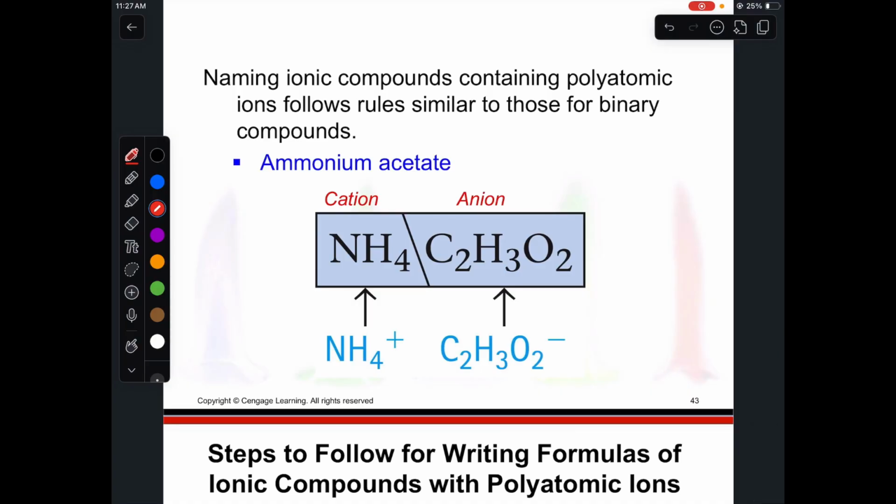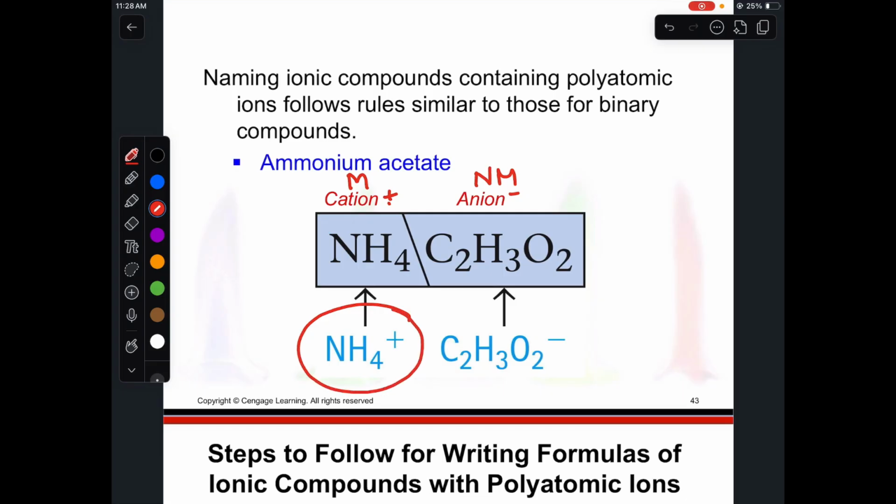So naming is a little bit more confusing for polyatomic because it's hard to delineate the difference between the cation and the anion. Previously it's been easy because it's a metal and a non-metal. In this case, it's pretty similar, except it's going to be a cation, which is a positive charge, and an anion. So if you look on your polyatomic list, make sure you have that out for this section, you're going to see this NH4+.